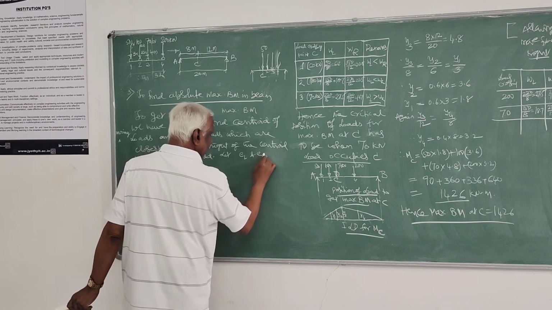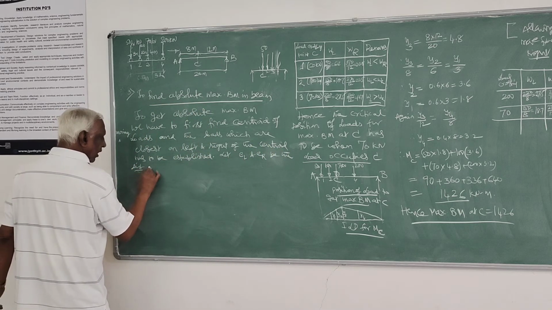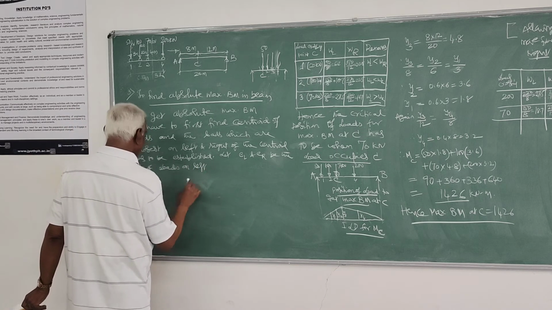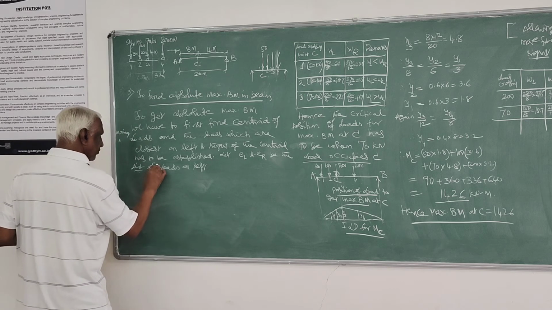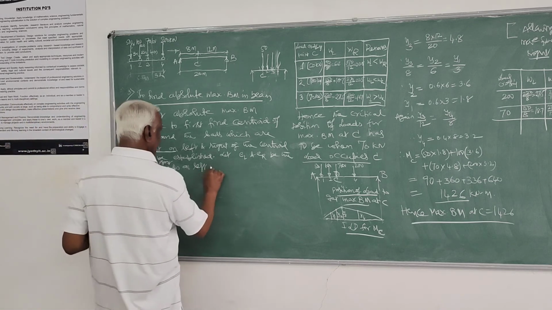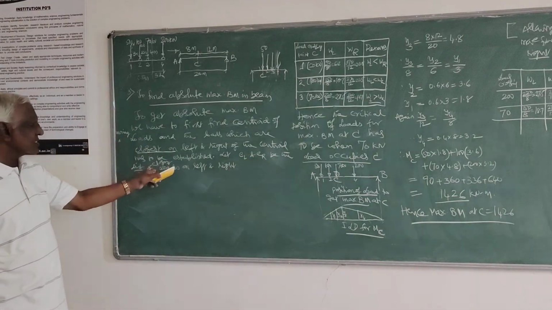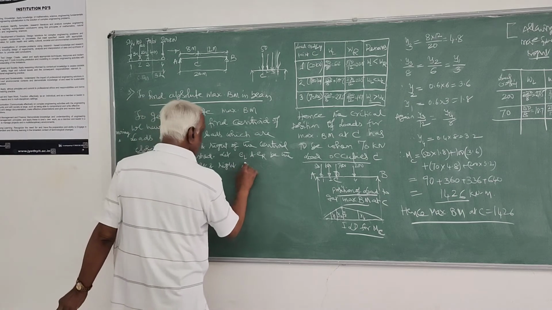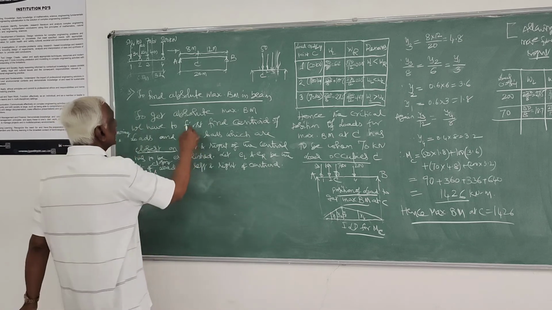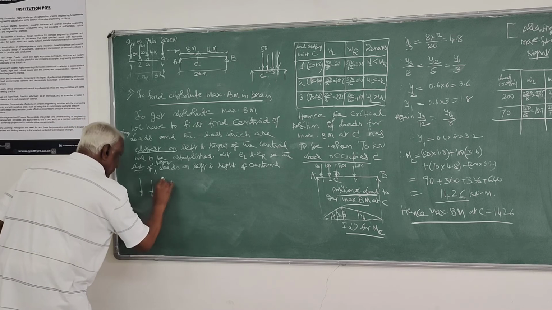So let EL and ER be the distance of closest loads on left and right of the centroid. So here we have to find the centroid.